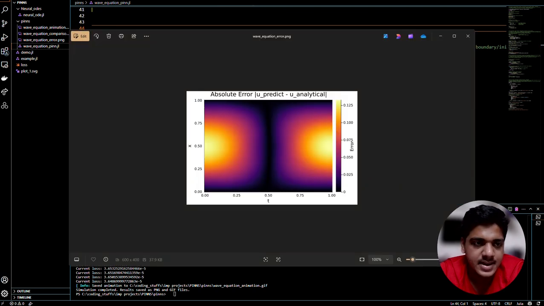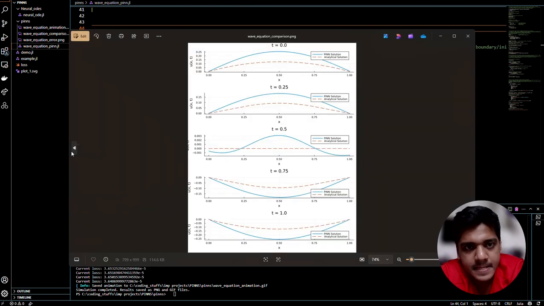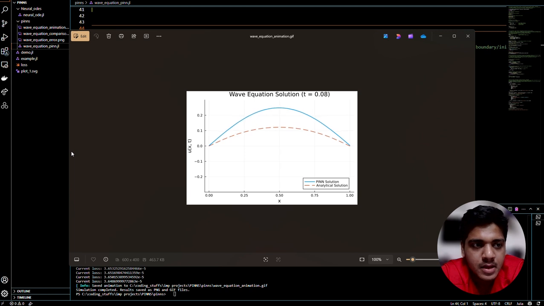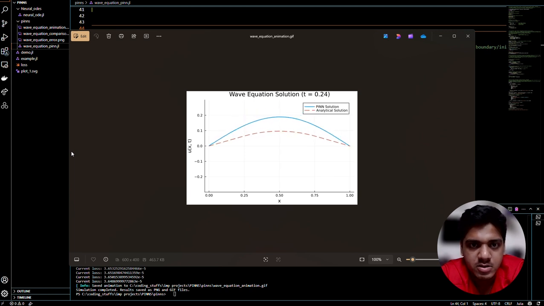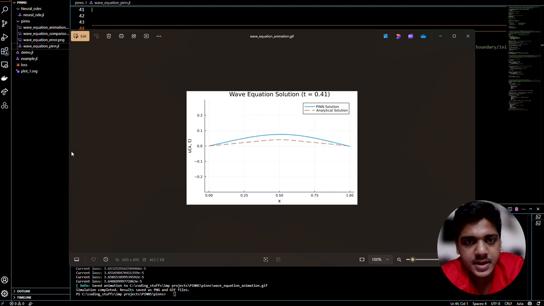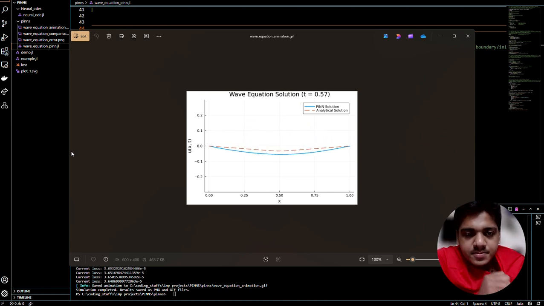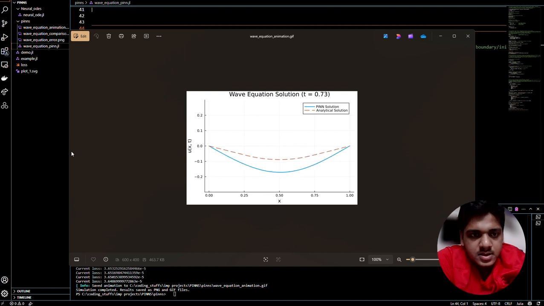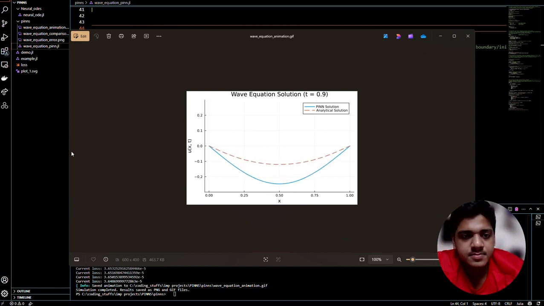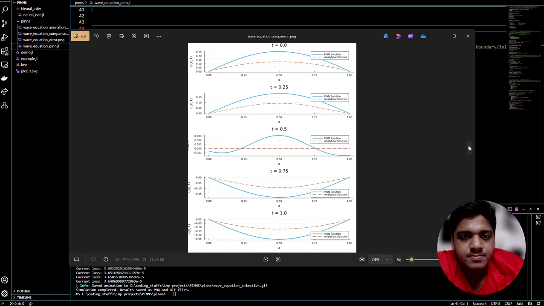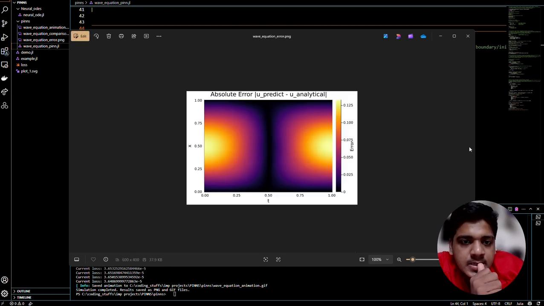Basically we have this animation, as I am showing to you, where we can see the oscillation, complete oscillation from time t equal to 0 to time t equal to 1. And this is the heat map of the solution.